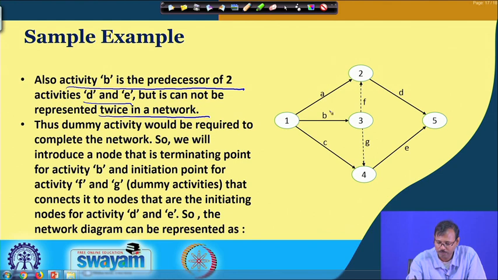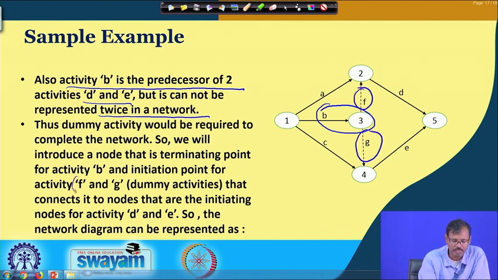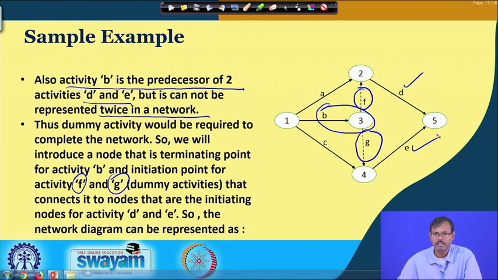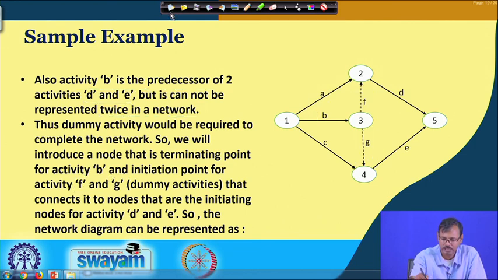Thus, we are placing this B activity in the middle and connecting this activity with two pseudo or dummy activities F and G, so that the precedence of D and E can be represented in its best way. So, these are the examples created so that you can understand the requirement of this dummy activity to complete the network.